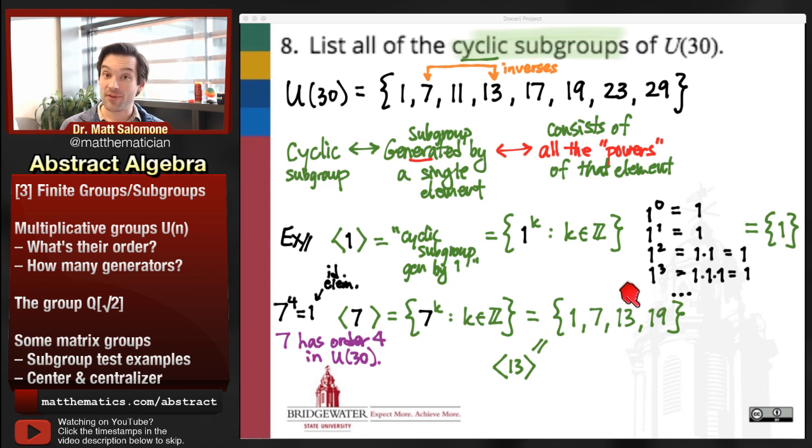Because after all, any power of 7, let's say the 25th power of 7, is also going to be a power of 13, namely the negative 25th power of 13, because 7 and 13 are inverses of one another. And so one of the things we can take to the bank here is that an element and its inverse are always going to generate the same cyclic subgroup.